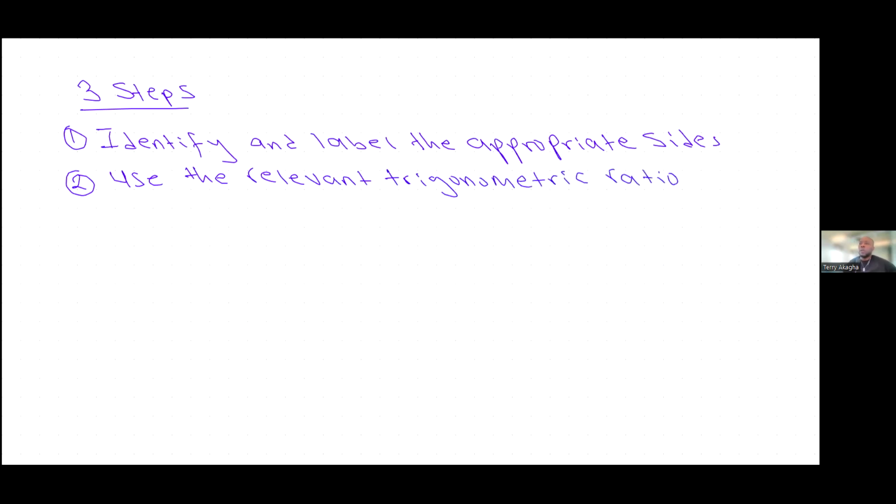And when you're done with that, number 3, you then simplify. So first, you identify and label the appropriate sides. After that, you use the relevant trigonometry ratios. And number three, you then simplify.